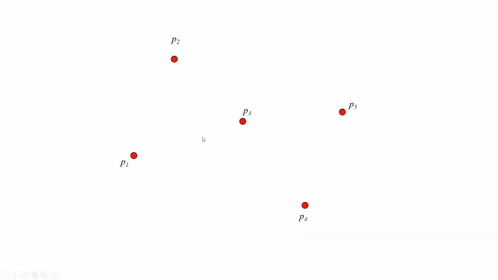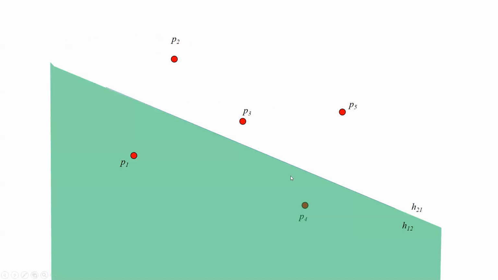This is the demonstration in the class. For example, P1 and P2, these are the two half spaces. One is H12, here, one is H21. If I focus on P1, I don't care about H21 for this moment.